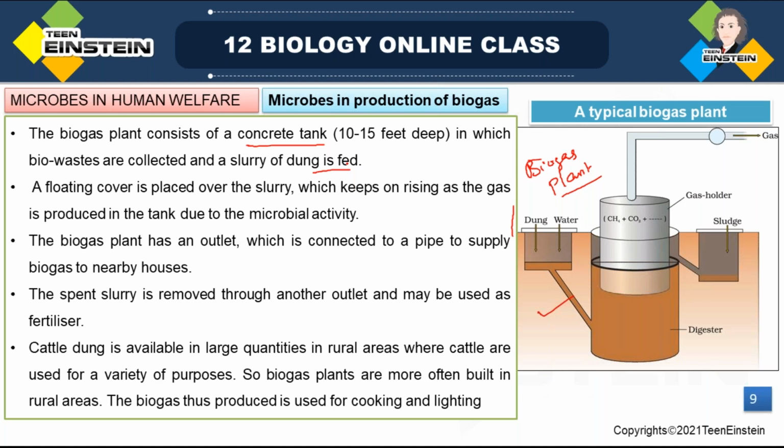When the gas is rising, along with that this cover also will be rising. When gas is produced in the tank with the help of microbial activity, and the microbial activity in that slurry increases, the gas production also will be more.